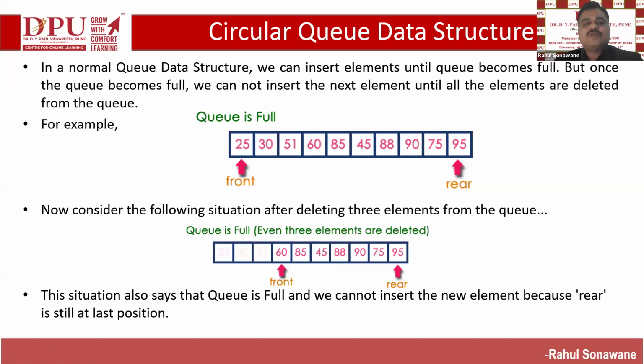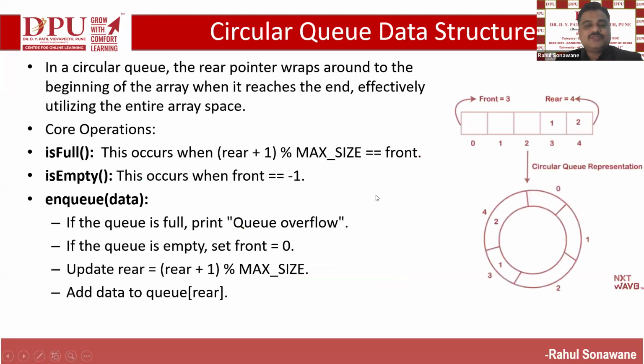Therefore, we tried to modify our logic and make it a circular one. For that, we took the help of the modulus operator and implemented the circular queue. That was our last point in our previous session.